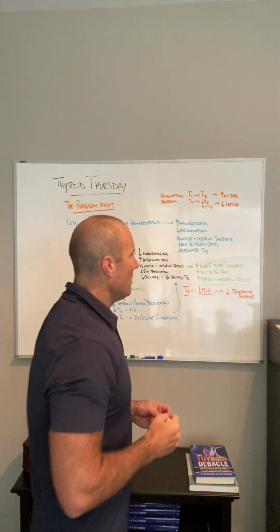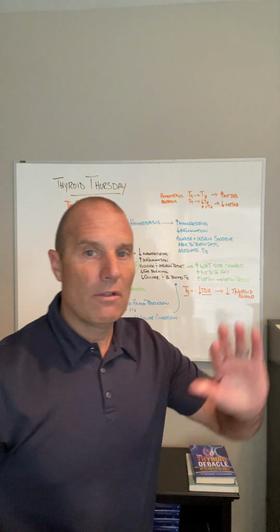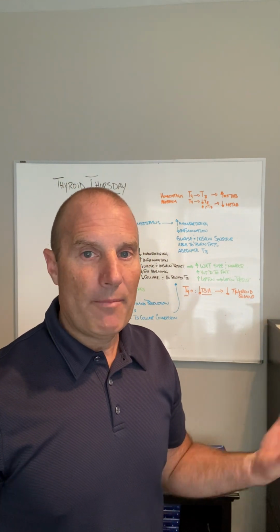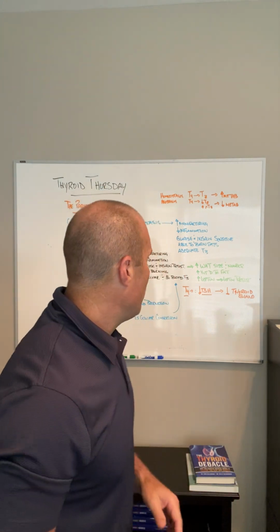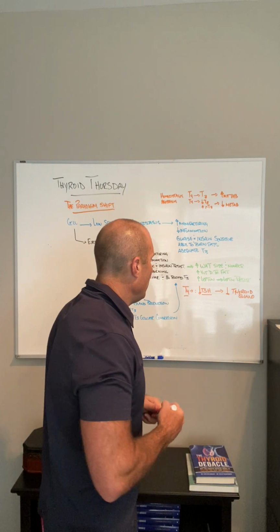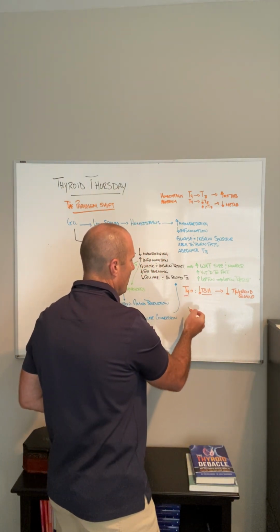Well, it all depends. If the goal is to just let the gland get shut down and never have it try and recover, then that may be a great strategy, because now the thyroid gland doesn't have to do any work. But you're now dependent on the T4.